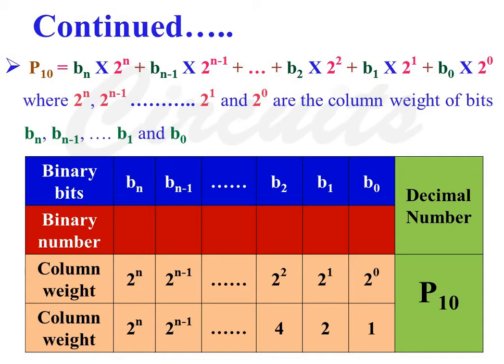And finally, the last row is the column weight in decimal value. We will be filling these rows one after the other. After filling the fourth row, we will add the numbers in the fourth row to find the decimal number P.